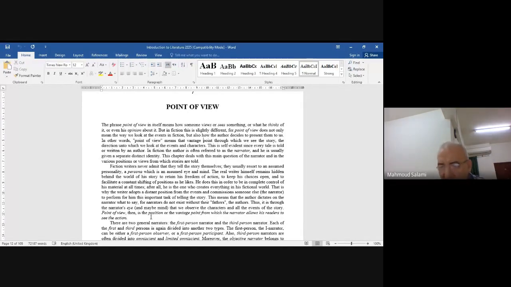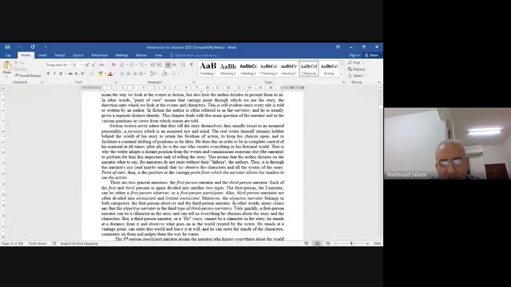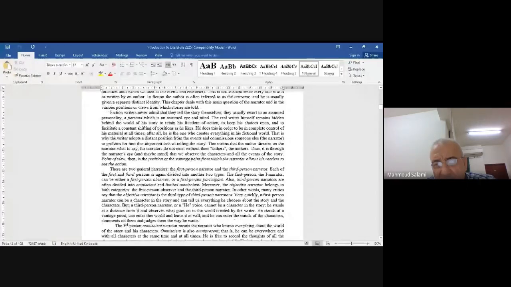And this idea is linked to what we call first-person narrator, third-person narrator, and second-person narrator. The first-person narrator, using the I, can be either a first-person observer or a first-person participant.